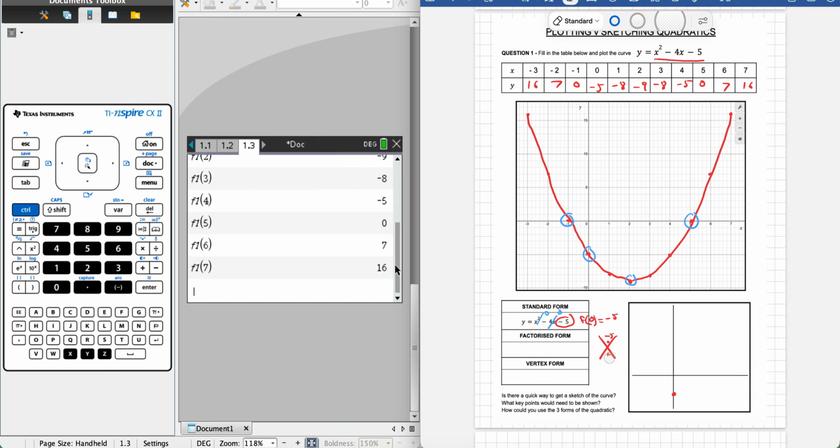And that is going to be -5 and +1. So for factorized form, I would have x minus 5, that takes care of my -5 here, and then x plus 1.